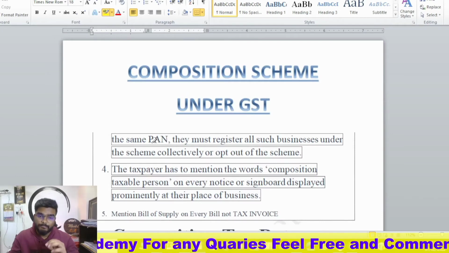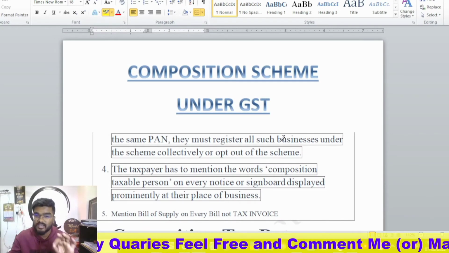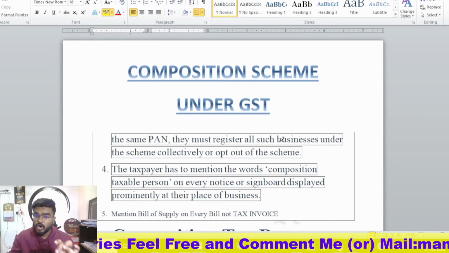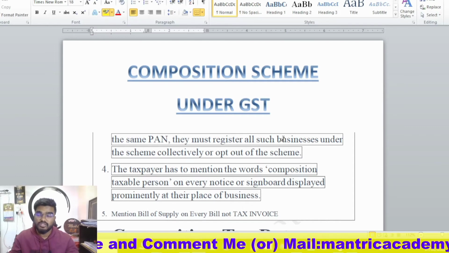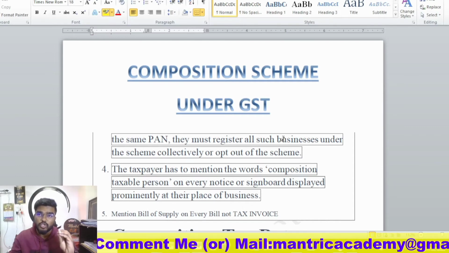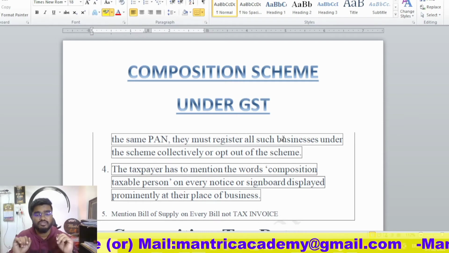Under the same PAN, all such businesses must be registered under the composition scheme or opt out from the scheme. If you want to take one as regular, it will automatically convert the remaining segments of the business to regular.